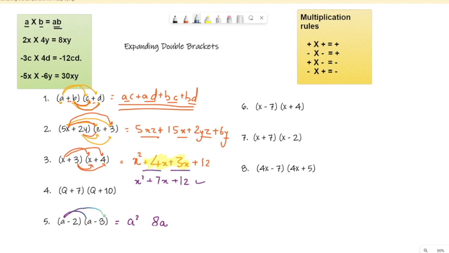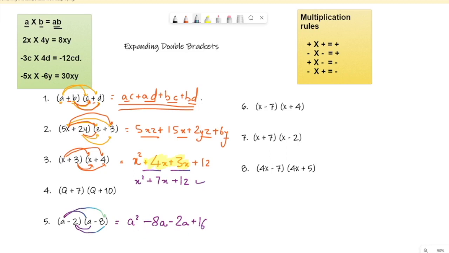A positive multiplying a negative gives you a negative answer. So 2 times a will be 2a, and negative 2 multiplying a positive a, negative positive gives you negative. Then 2 times 8 will give you 16. Negative 2 multiplies negative 8 gives you a positive 16. You should know if we multiply two negative numbers together, it gives you a positive answer.